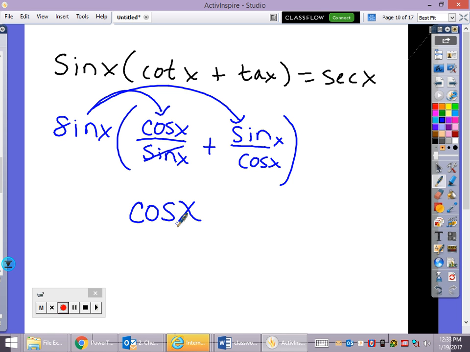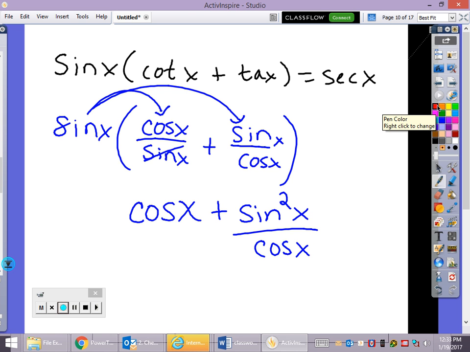All right, so does anything cancel when I multiply here? No. So that's going to become sine what? Squared x over cosine x. Sine squared x. We sign the trig, we power the trig, leave the variable.